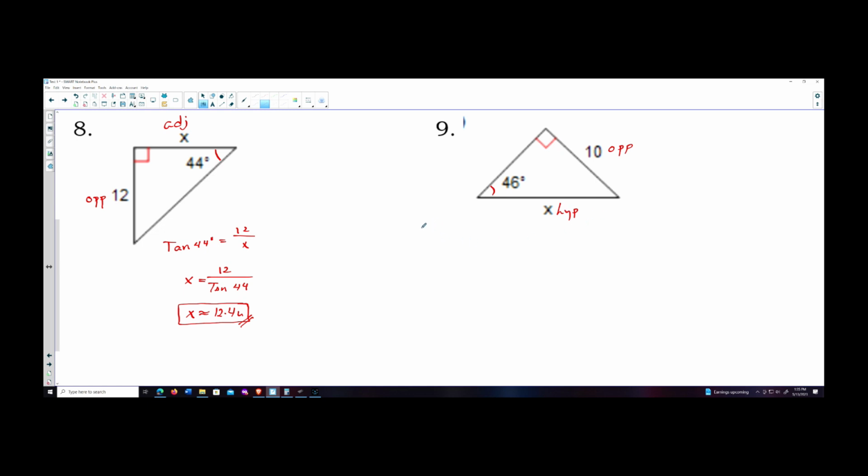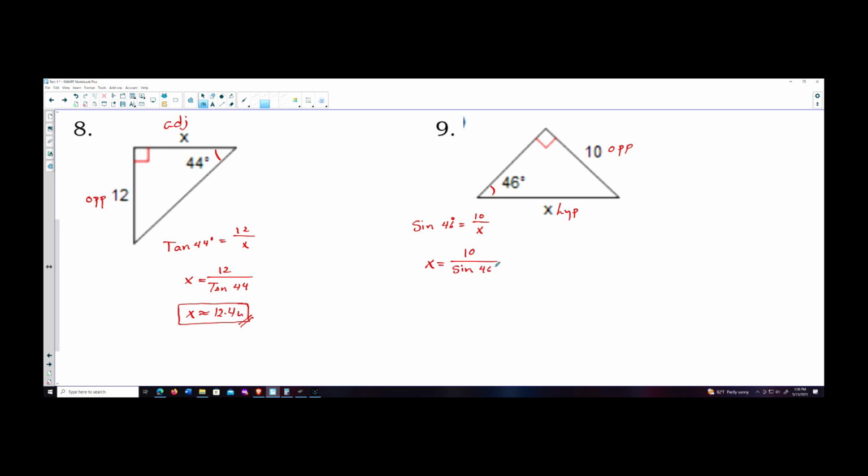So the sine of 46 is equal to 10 over x. And repeat the same process. So x is equal to 10 divided by sine of 46 degrees.